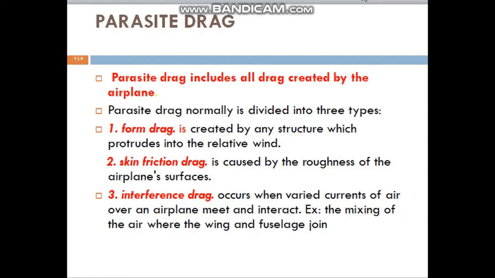And the last form of parasite drag is interference drag, and it occurs when varied currents of air over an airplane meet and interact, for example, the mixing of air where the wing and the fuselage join.